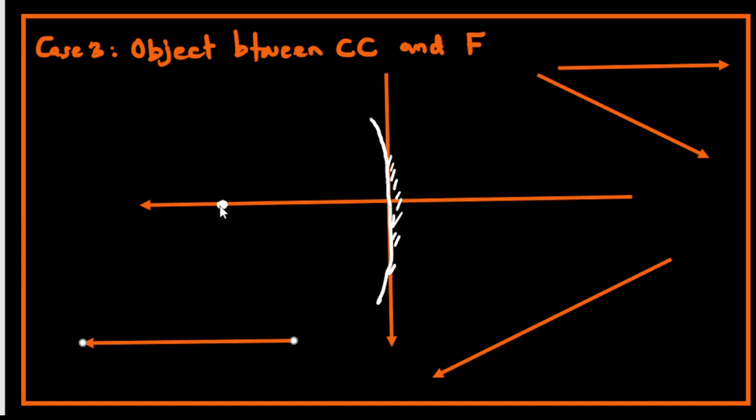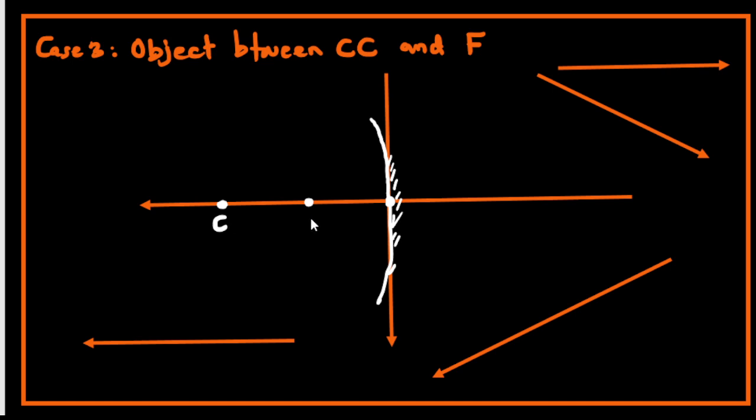This point here is the center of curvature of the mirror. Then this point right in between them is what? The principal focus. While this point here is the pole of the mirror.